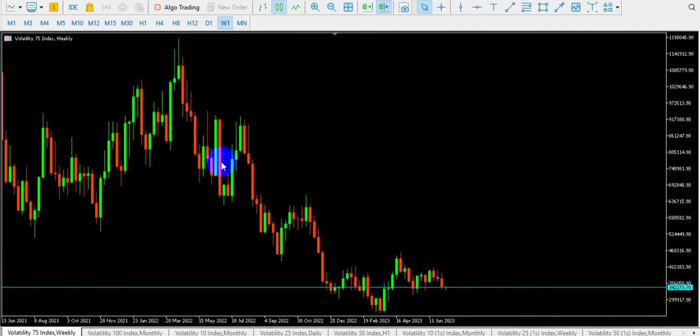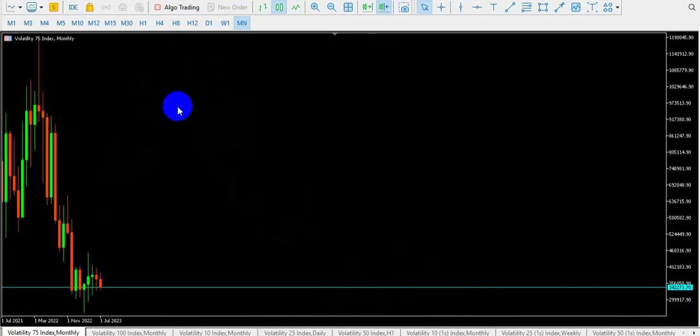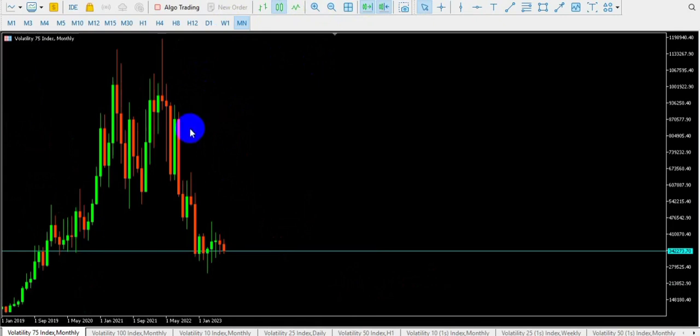Initially this area was, I think this week was, the monthly order block coming. So this area here, I want to see what is going on there. So let's just do our chart markups.